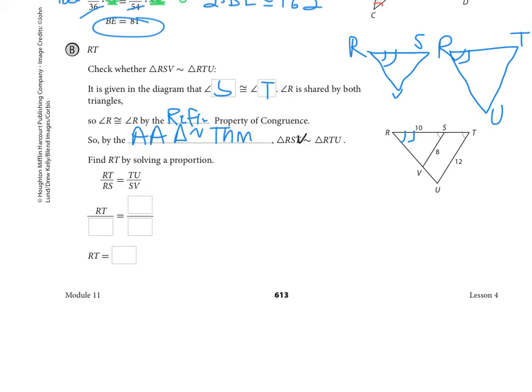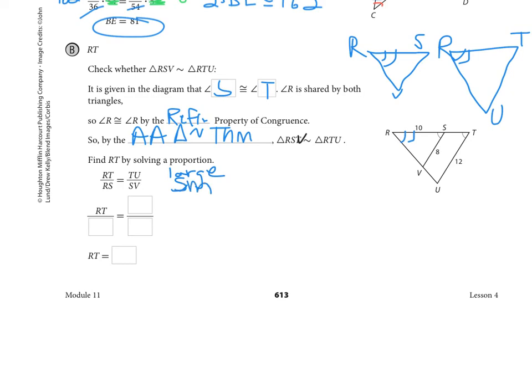So now that we've proven the triangles are similar, we're going to set up a proportion, and we're trying to figure out what RT is, so it makes sense that RT is a part of our proportion. Remember that we want to keep consistent numerators the same and consistent denominators the same. So it looks like RT and TU as the numerators are coming from the large triangle, and the denominators are coming from the small triangle.